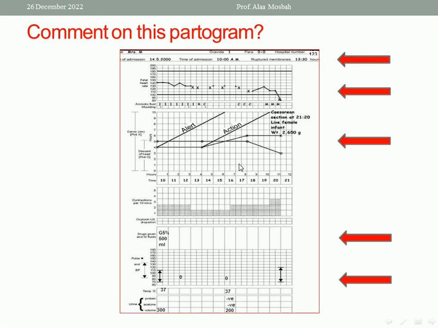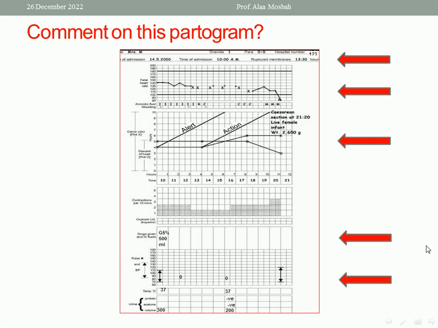If there is no progress, you will do cesarean section if crossing the action line immediately. But here, the doctor didn't interfere after crossing the alert line and didn't interfere even after crossing the action line. He waited too long to take a decision for cesarean section. This is the end of my comment on this partogram.